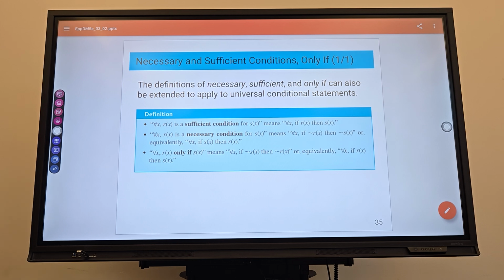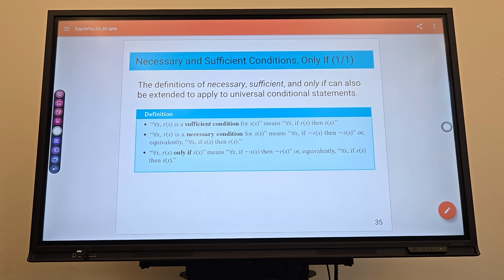R of x is a necessary condition for S of x means that if not R, then not S. Or, equivalently, if S, then R, because of the contrapositive. R of x only if S of x means that if not S of x, then not R. Again, because of the contrapositive, you could also write that as if R of x, then S of x.